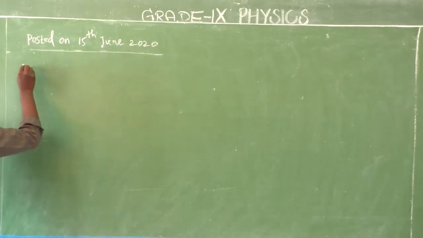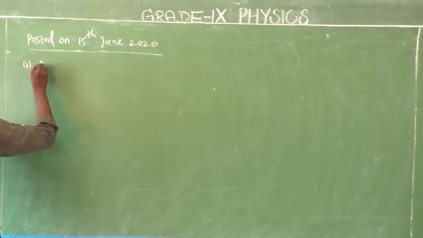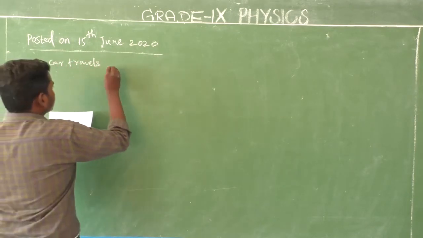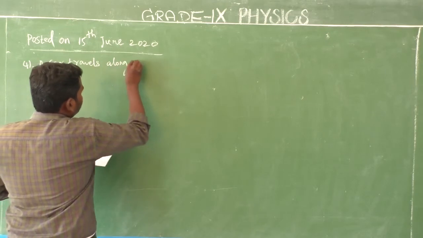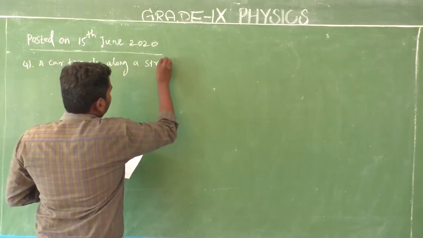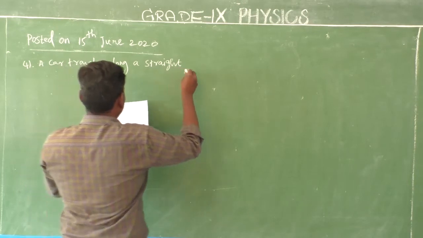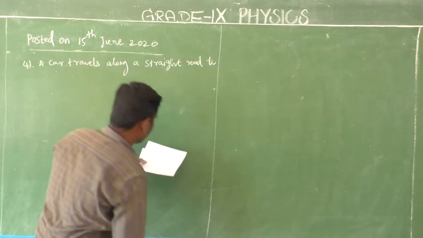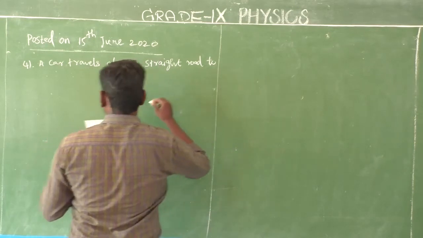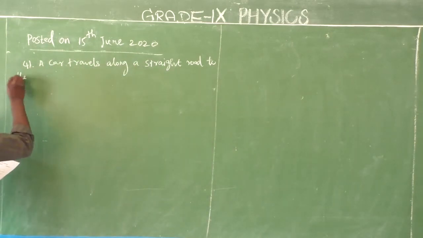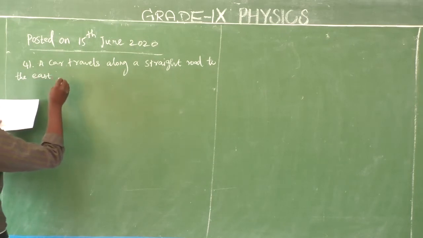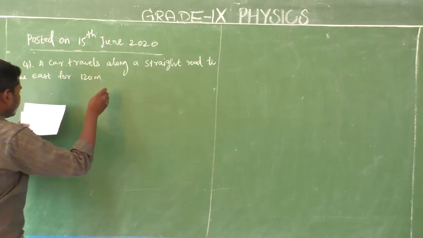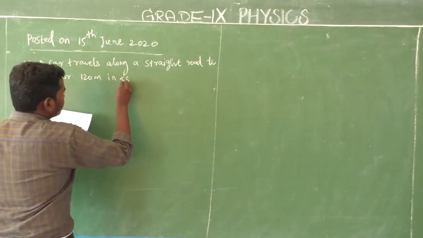This is the fourth question. A car travels along a straight road to the east for 120 meters in 5 seconds.